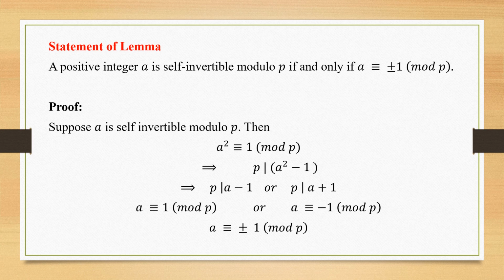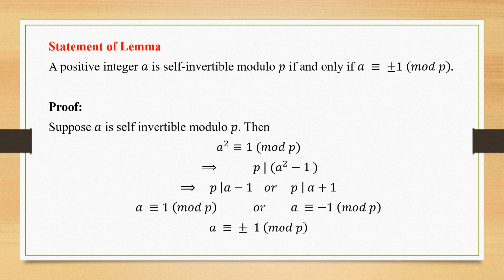So if this is the category, a can be congruent to 1 mod p or a can be congruent to minus 1 mod p. From a minus 1 or a plus 1, these are the two things I will arrive at. So a is congruent to 1 mod p or a is congruent to minus 1 mod p.